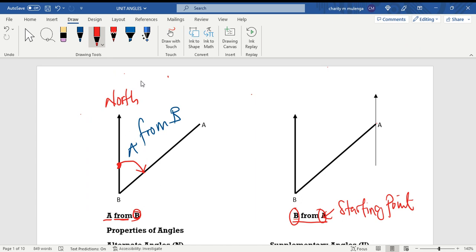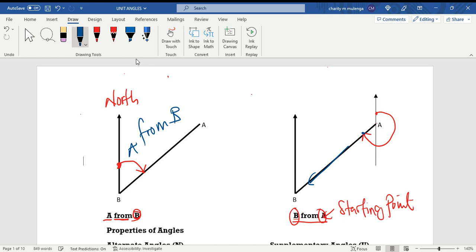Now that we have the north of A, we are going to move clockwise from A, clockwise from the starting point. We're going to put a tiny dot at the north line, then move clockwise up to that point. Somebody can ask, why have you ended up to the blue point? Because this line is taking me to my destination. So the key is you always end your clockwise rotation at the line that is taking you to the destination.